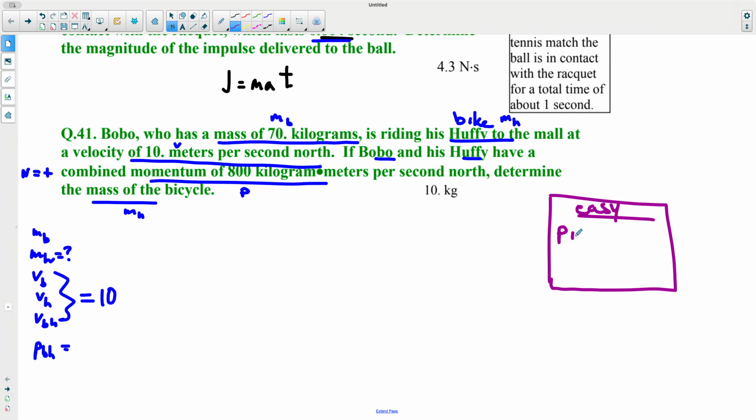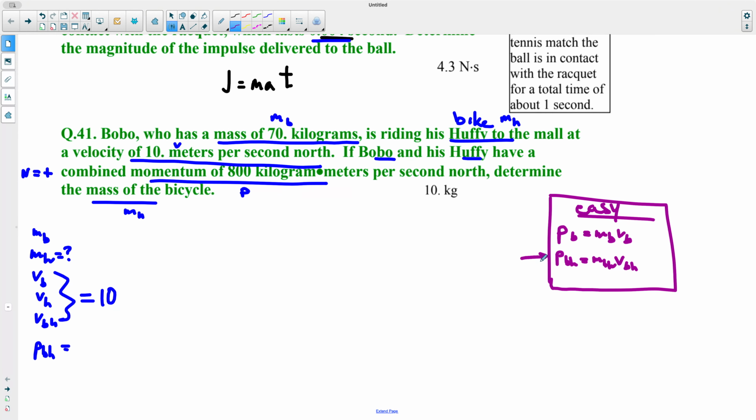So let's see. Momentum of Bobo, of course, is going to be the mass of Bobo times the velocity of Bobo. The momentum of the Huffy, same thing. How about the momentum of Bobo and the Huffy? Well, that's going to be the mass of Bobo and the Huffy times the velocity of Bobo and the Huffy. So you make these simple adjustments, these easy adjustments to the basic equation, the reference table, and you got a lot of options.